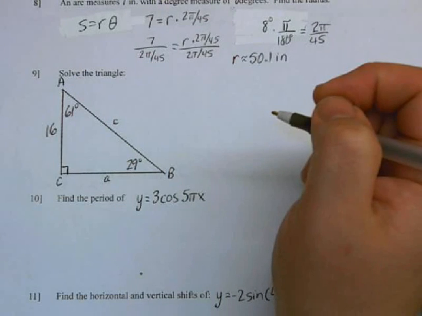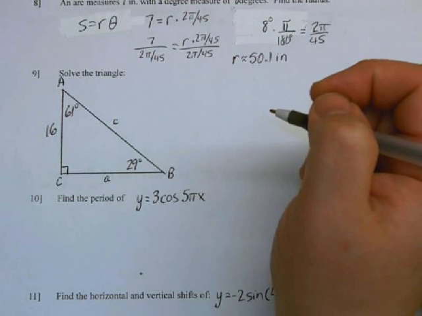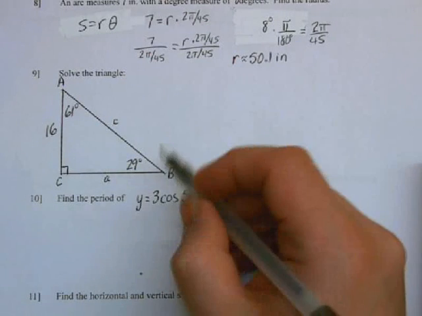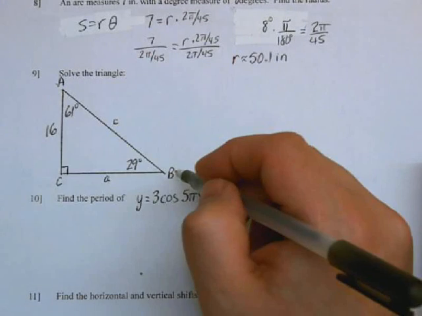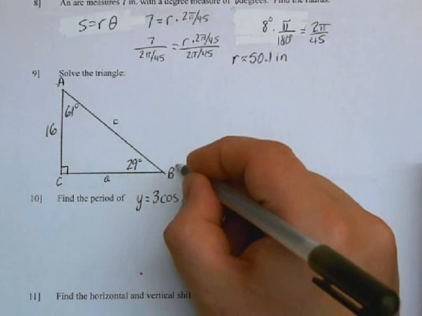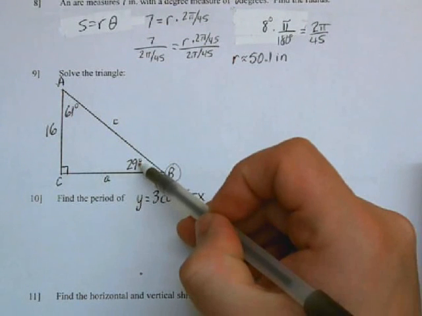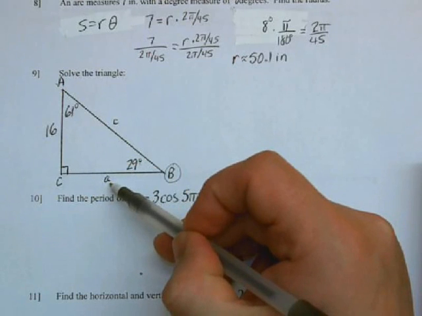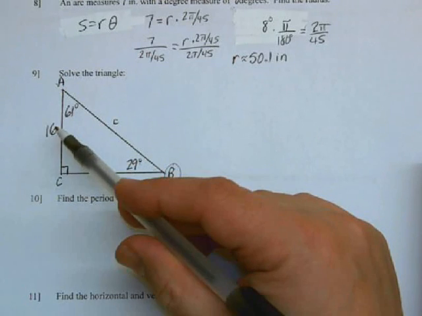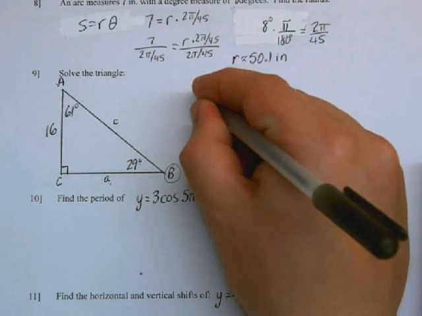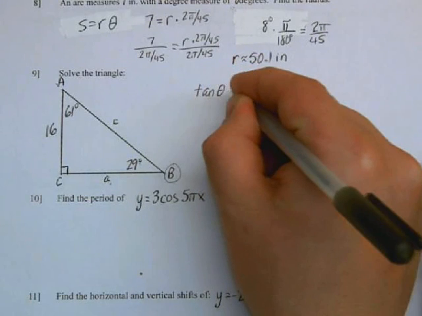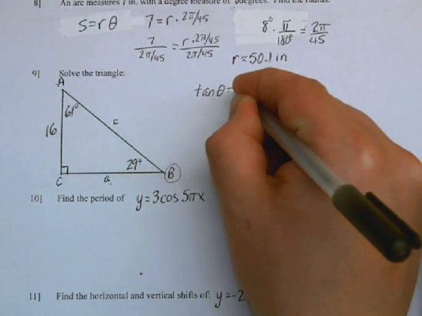Well, now to find A and C, the lengths of two of the sides. You could use either angle A or B to solve this problem. I'm just going to use angle B, the angle I'm given. So I'm looking for the adjacent, and I know the opposite side, so I'm going to use tangent. Because I know tangent is opposite over adjacent.